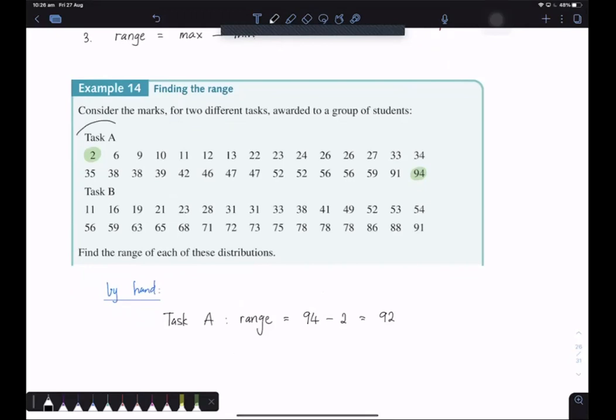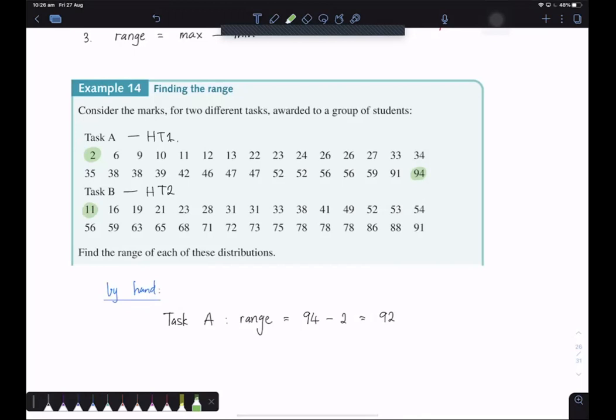So you can see this is for task A, like for example, hurdle task 1. Task B here might be hurdle task 2. If you have a look at the spread now, they actually put it in numerical order already. How nice of them.